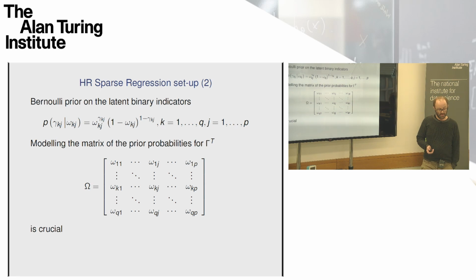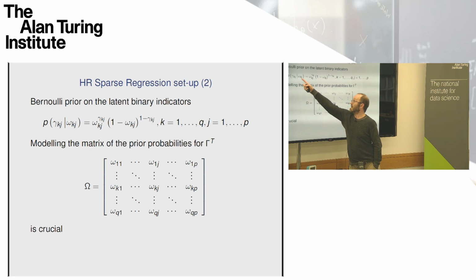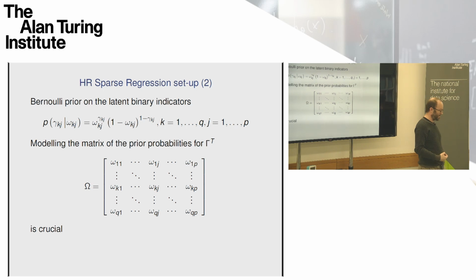Now, the Bayesian hierarchical model has to be completed by the final part. And the final part is the following. What is the probability of gamma kj, meaning what is the probability that there is an association between the jth predictor and the kth outcome? Well, in the Bayesian setup, this is a probability distribution, a Bernoulli distribution, which is conditioned on the prior probability.